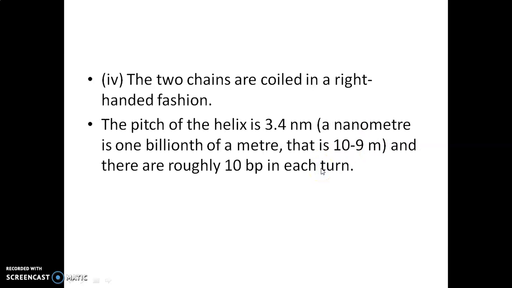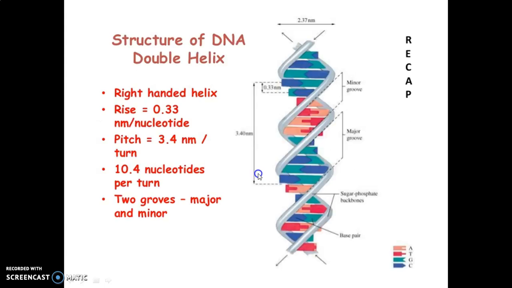Then the fourth feature, the two chains are coiled in a right-handed fashion. The pitch of the helix is 3.4 nanometer, and there are roughly 10 base pairs in each turn. See, here you can see a right-handed helix.